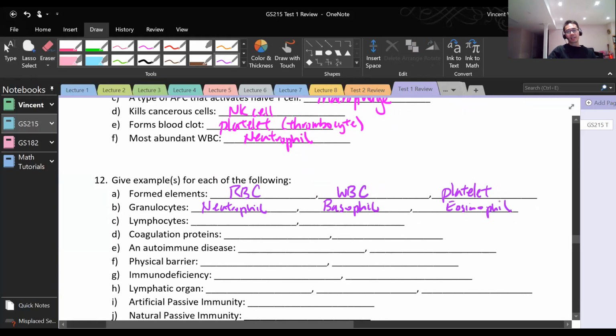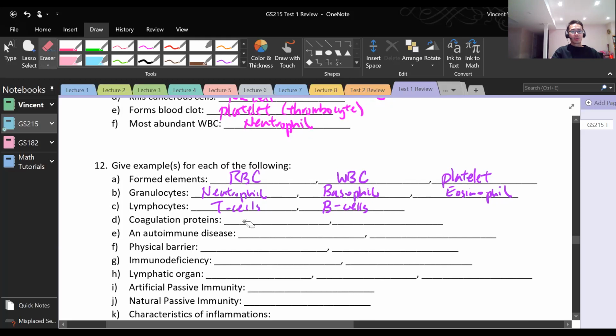Eosinophil fights the parasites, right? Lymphocytes, we have T cells and all the different types of T cells, and B cells. Coagulation proteins, we talked about this earlier. Prothrombin. What's the other one? Fibrinogen.